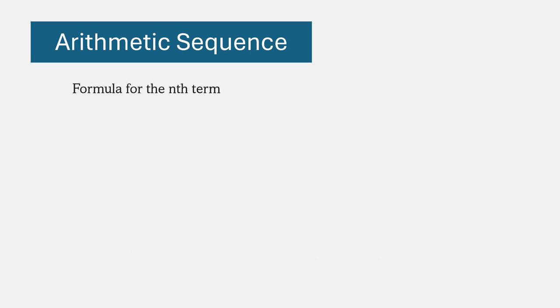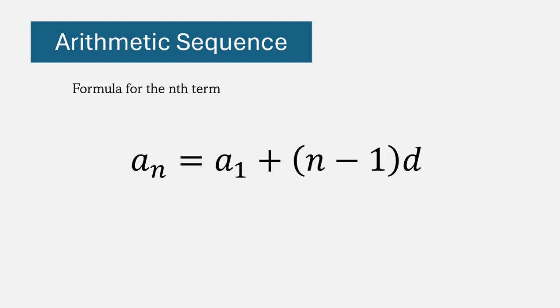Now, the formula for the nth term, because usually when we encounter topics of arithmetic sequence, we are generally looking for the nth term. Here is the formula: a sub n is equal to a sub 1, and a sub 1 is the first term, if you can still remember, plus the quantity n minus 1 times d, the common difference.